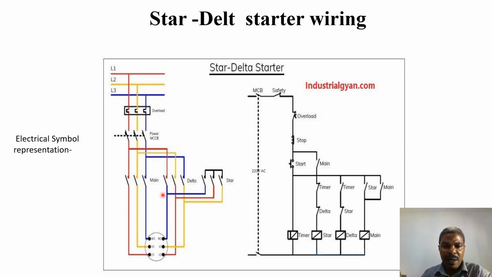You can see how it has now been drawn using symbols. So from the pictorial to symbol representation, that's how one can come up with the installation in a given machine wiring.